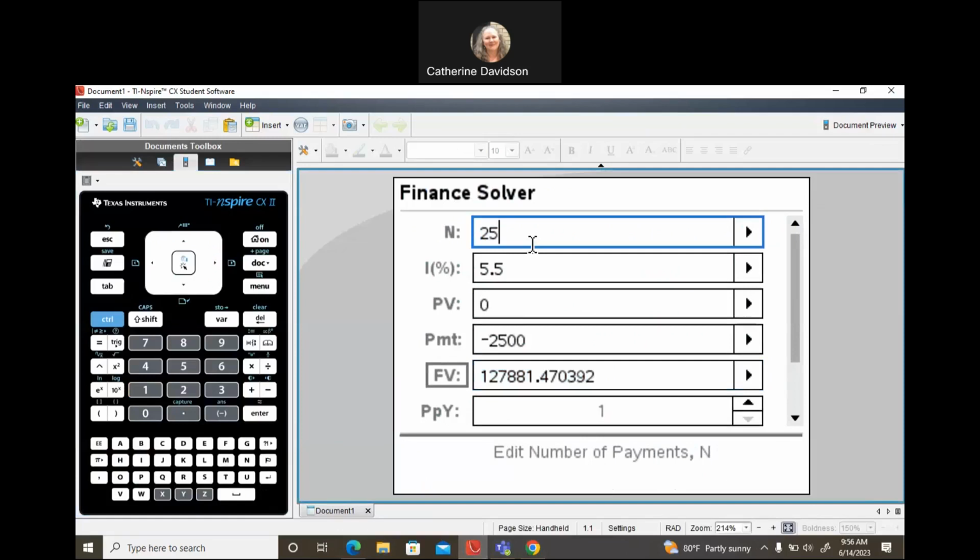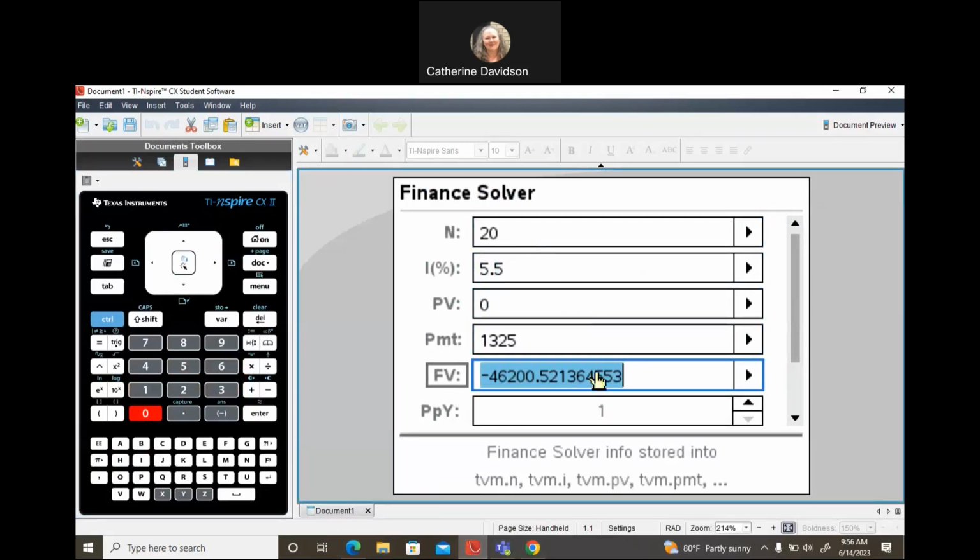Now Julio, let's look at his scenario. All right, so he made 20 annual payments. Same account, but he's only putting in $1,325. So we're going to hit enter. And then he stops.